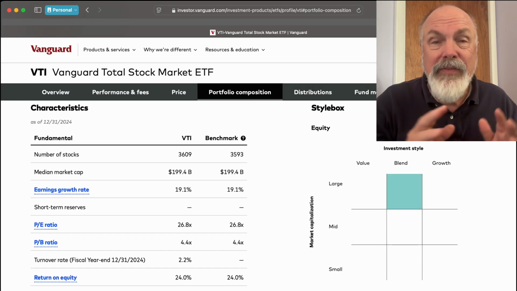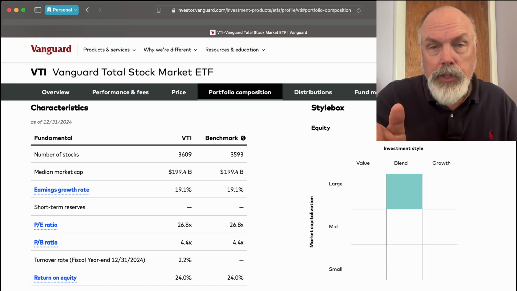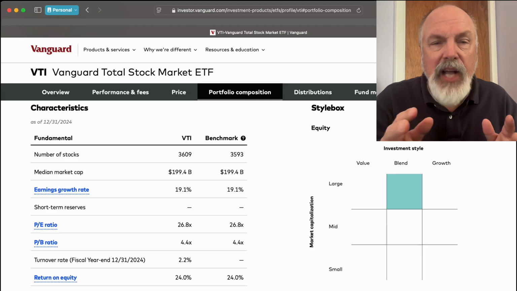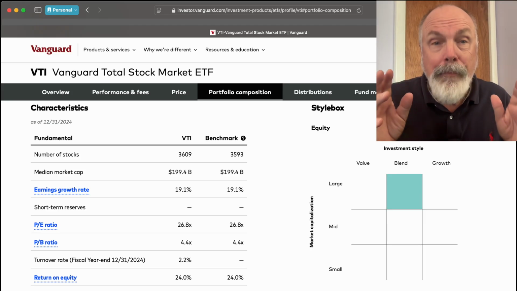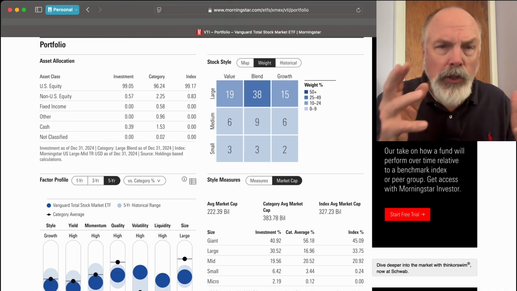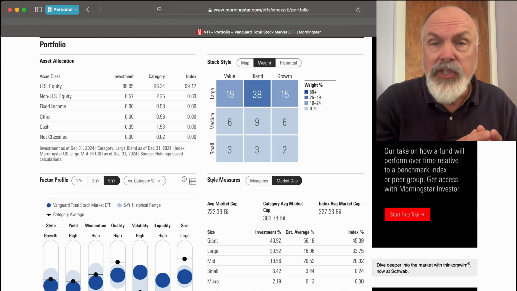Vanguard provides even less data to its retail customers. Here's the VTI view that they get, and notice it notes the median market cap and plops the investment style into the large cap blend category. Morningstar provides a little bit more detail with its own weights for stock style categories for VTI.